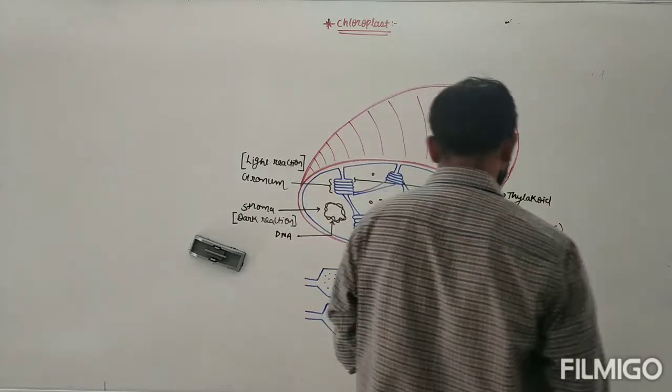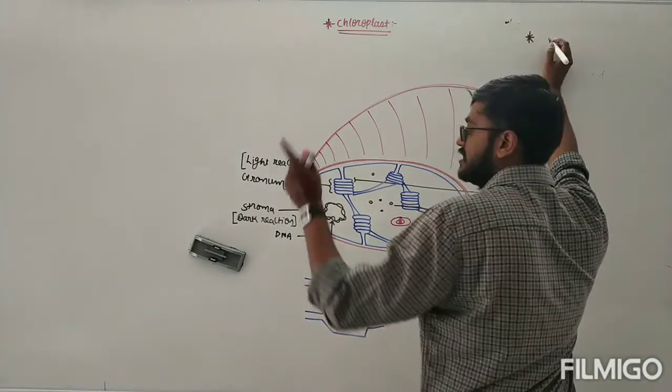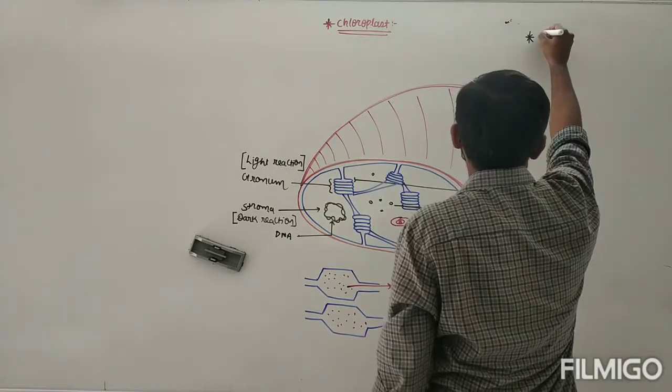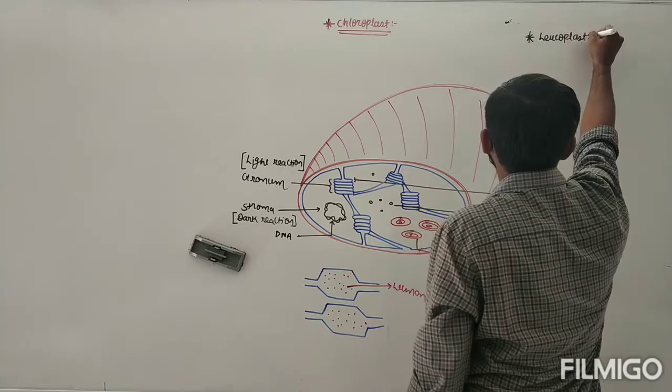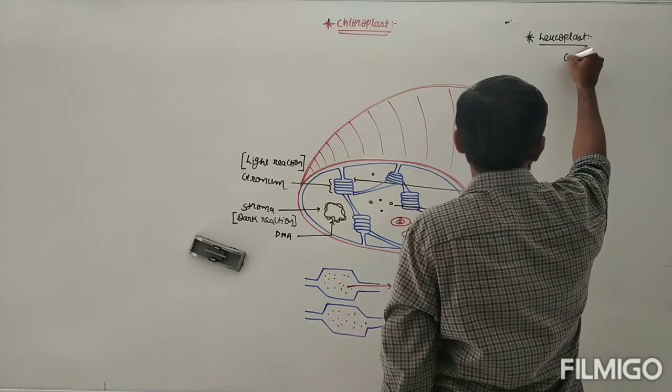Next to this, the last plastid, chromoplast was covered earlier. This is the chloroplast, and the last one to come is termed the leucoplast. This leucoplast is a colorless body.